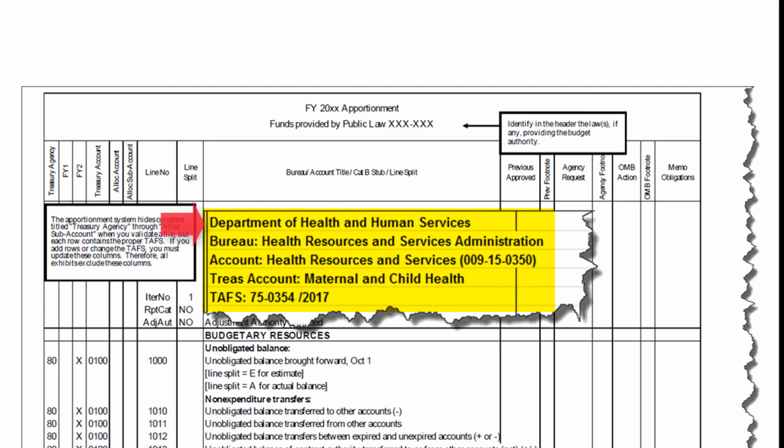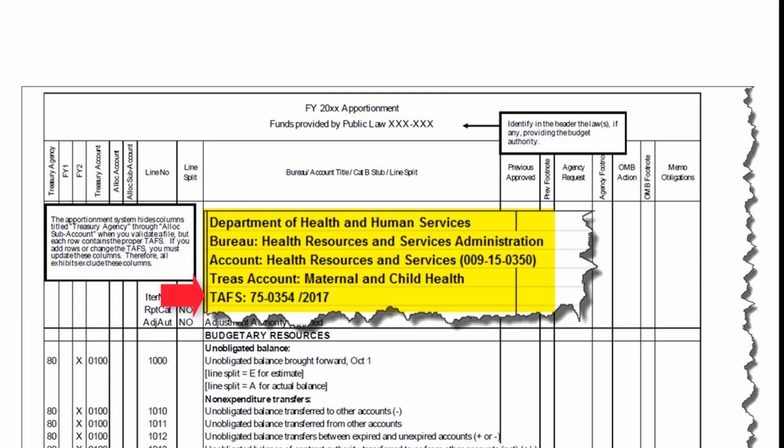Note that it includes the federal agency, the Department of Health and Human Services, the Bureau, or what we call the OPDIV, Health Resources and Services Administration, the President's Budget Account Title, Health Resources and Services, and Code, fairly useless information on an apportionment, if I must say, and the TAFS information.